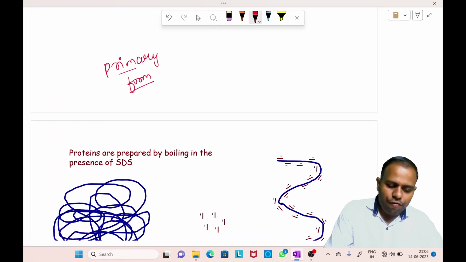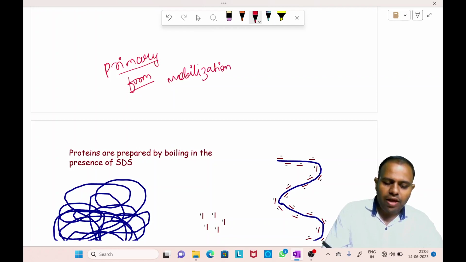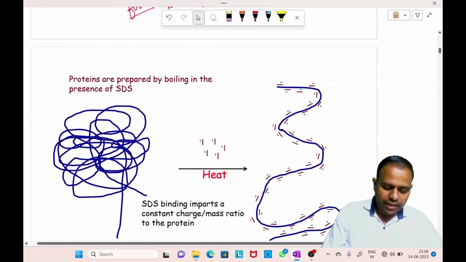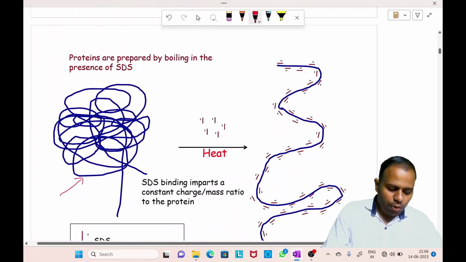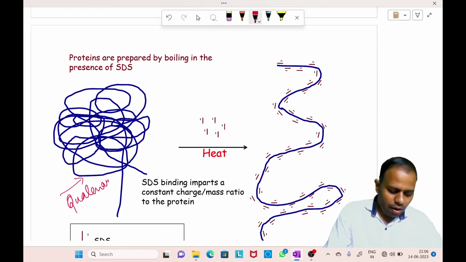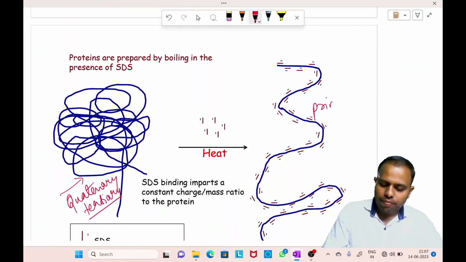Because in primary form the mobilization of the proteins is proper. You can see here a protein in quaternary or tertiary form, so it has to be converted into primary form. This can be done only using heat, that is denaturation.